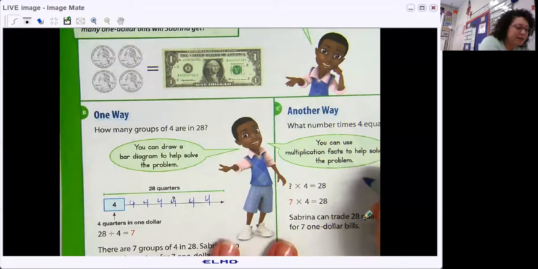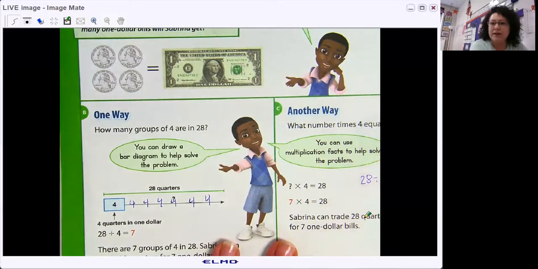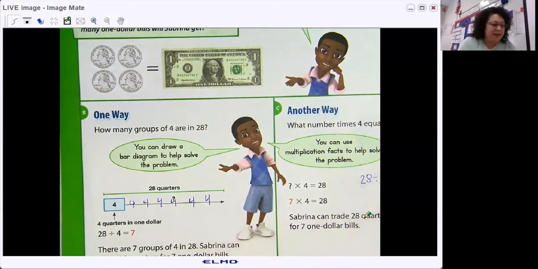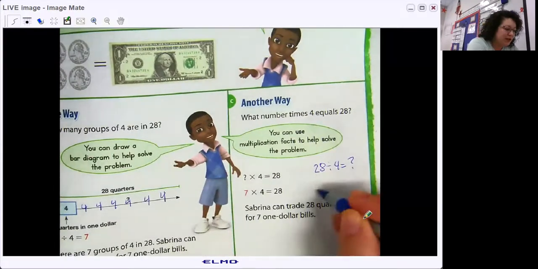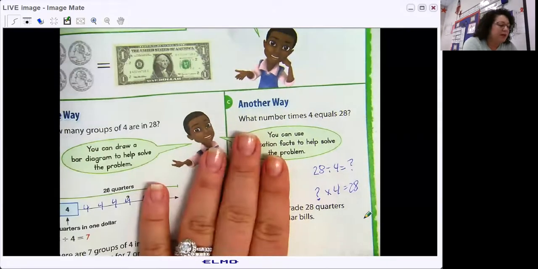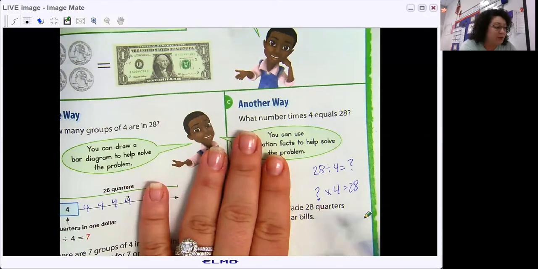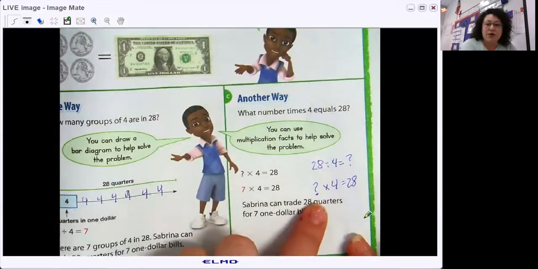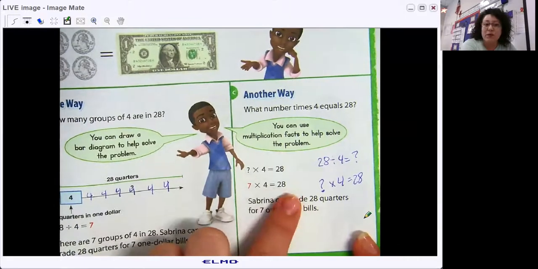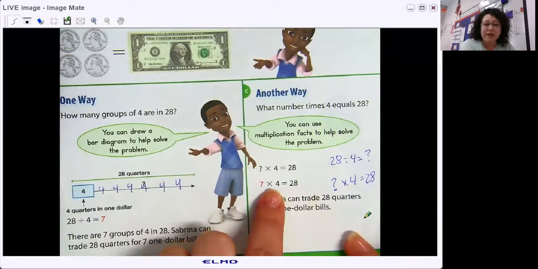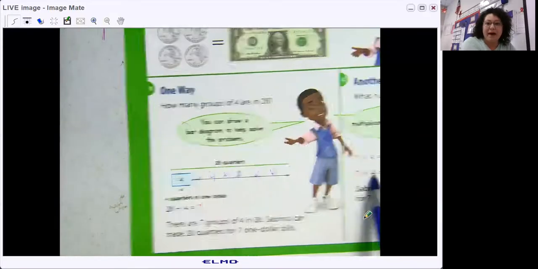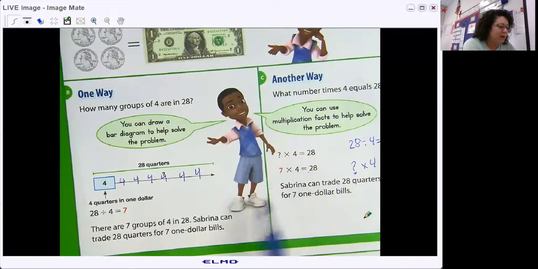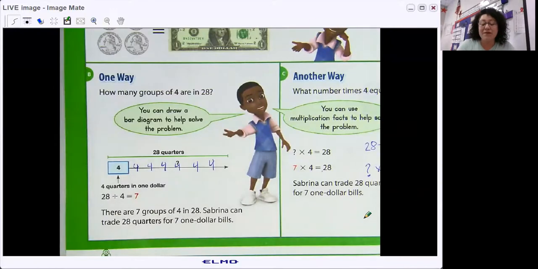So if my problem is 28 divided by 4, then I also know that question mark times 4 equals 28. Some of you might know your facts by now. Hopefully you do because we're getting into December almost. So you should know 7 times 4 is 28, which means if you go backwards, 28 divided by 4 is 7. So knowing your multiplication facts means you also know how to divide.